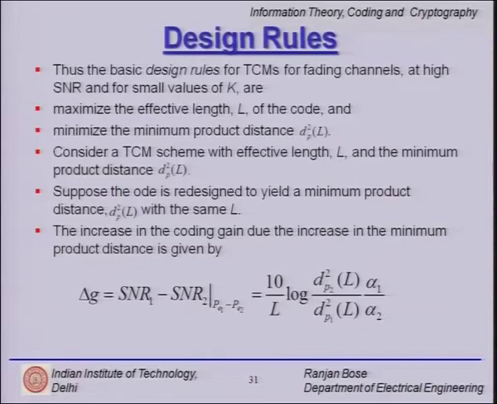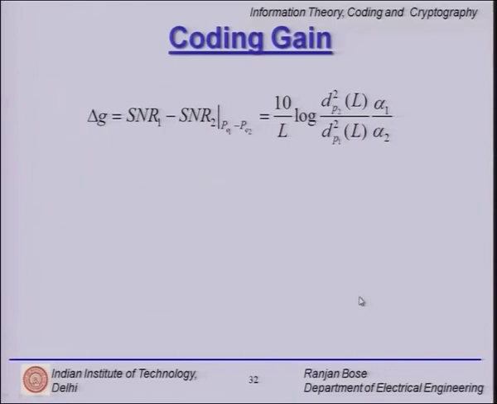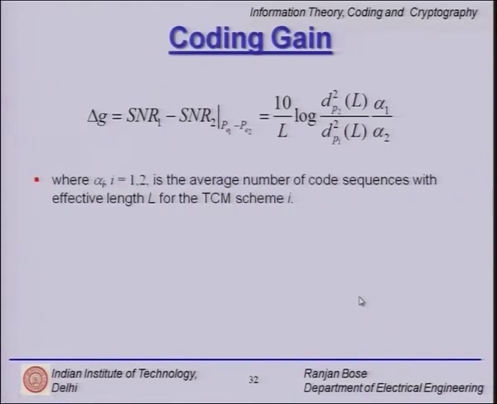So, if you have been able to increase the product distance, that means your gain will improve, and therefore you can have a relative coding gain as follows. Here the parameters alpha 1 and alpha 2 are the average number of code sequences with effective length L. So, it also matters how many sequences in the trellis diagram have that effective length.